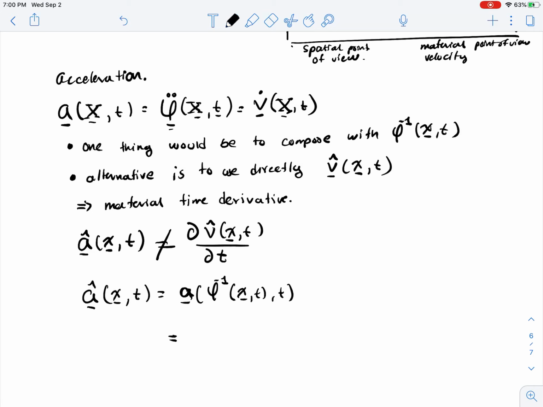right? This is defined. If you want to use this directly, then what you have to do is add one term to correct for the fact that the little x changes. So I have dv dt plus the gradient of this v hat times v hat.